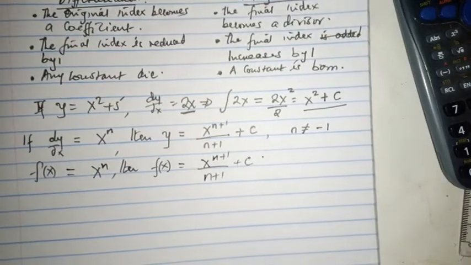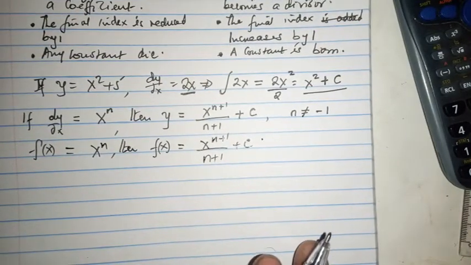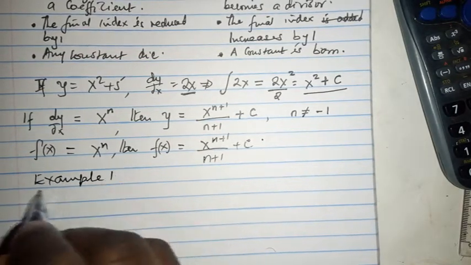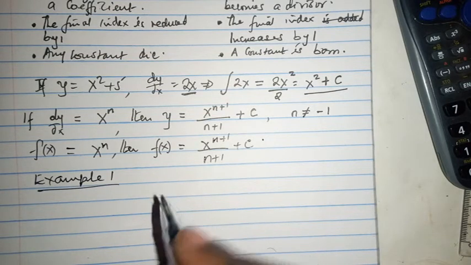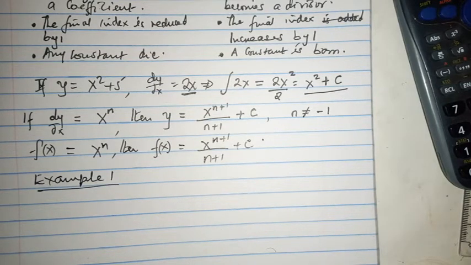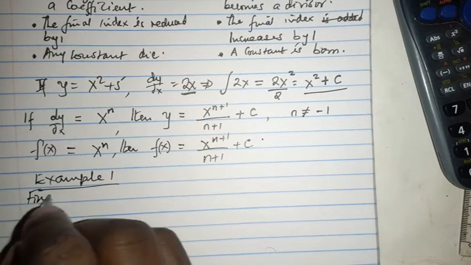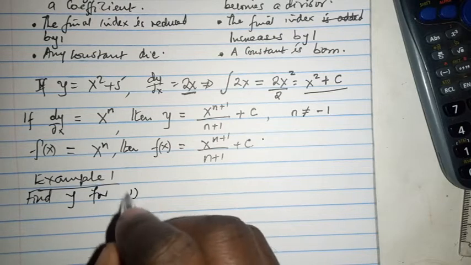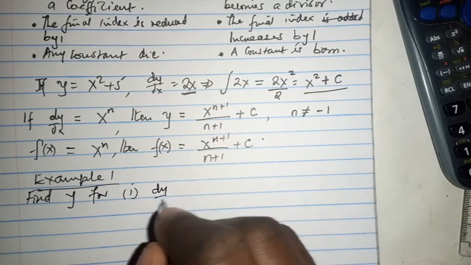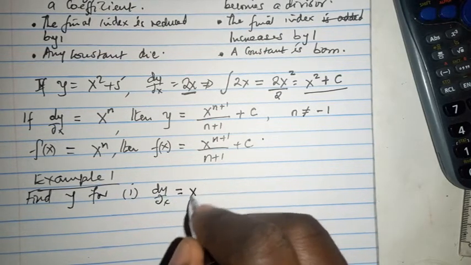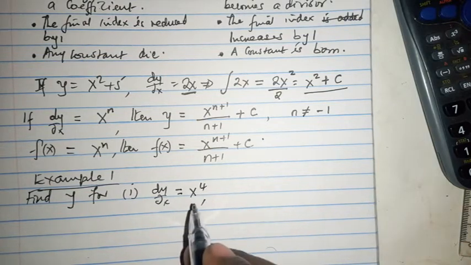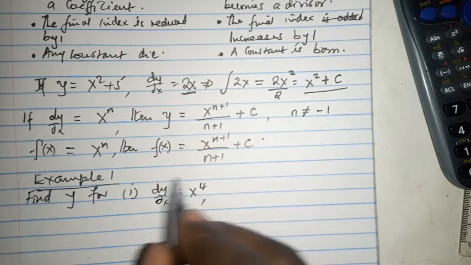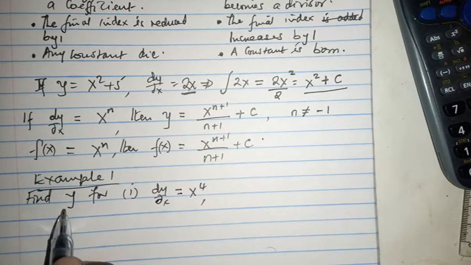I want to explain example 1, on page 171. Find y for the following. 1: dy/dx is equal to x raised to power 4. To go back to y, we must integrate, because we have the differential function and need to go back to the function.